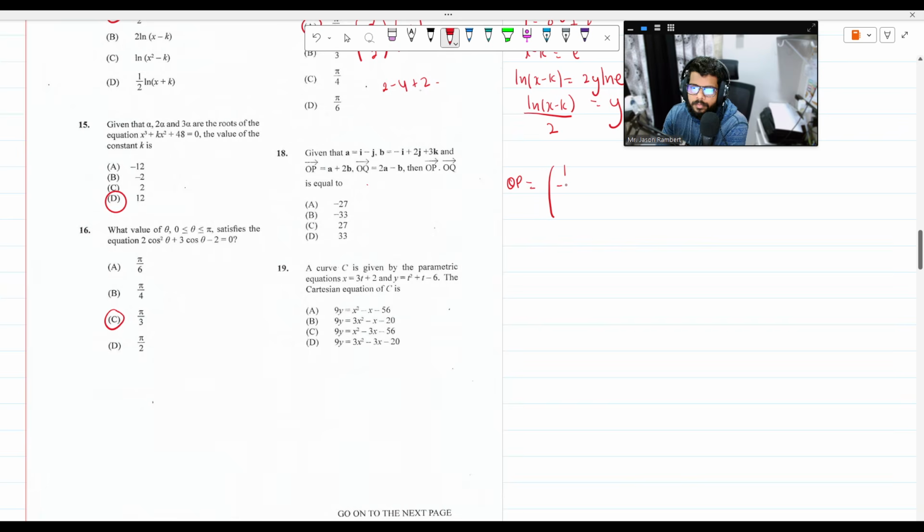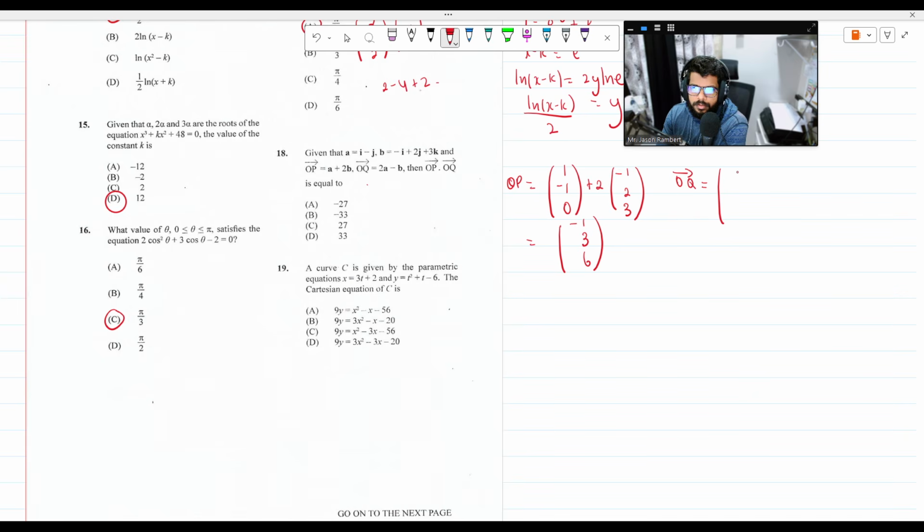So 1, minus 1, 0, plus 2 into minus 1, 2, 3. 1 minus 2 is minus 1. Minus 1 plus 4 is 3. And 0 plus 6 is 6. That is OP.